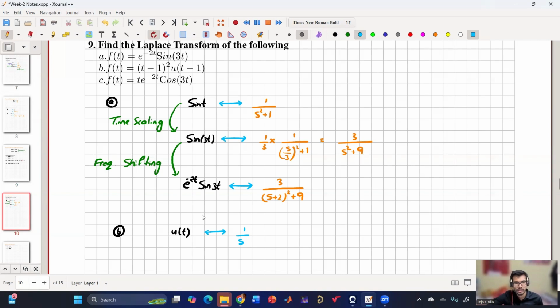So how do we proceed? We have started from u of t. Next, which term do I have to add before going to t minus 1? T square I have to add, right?